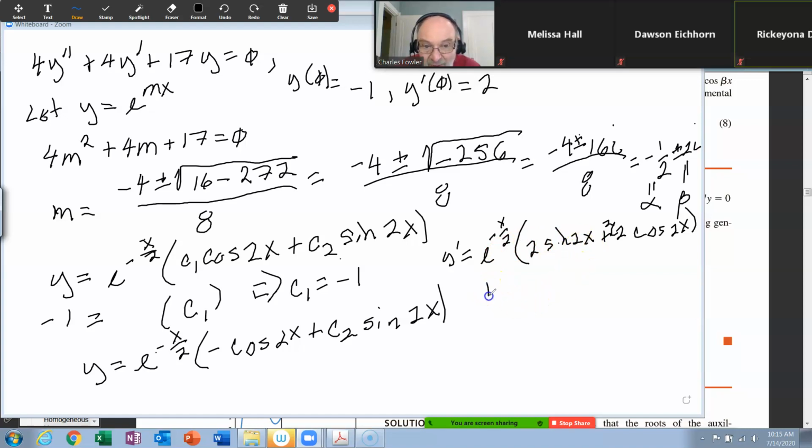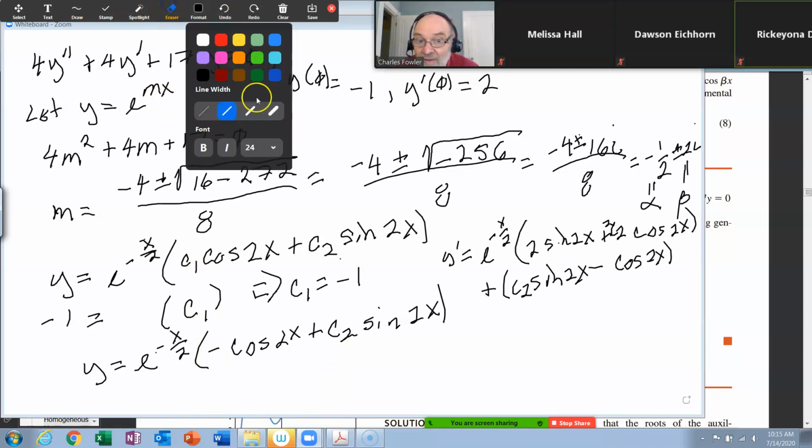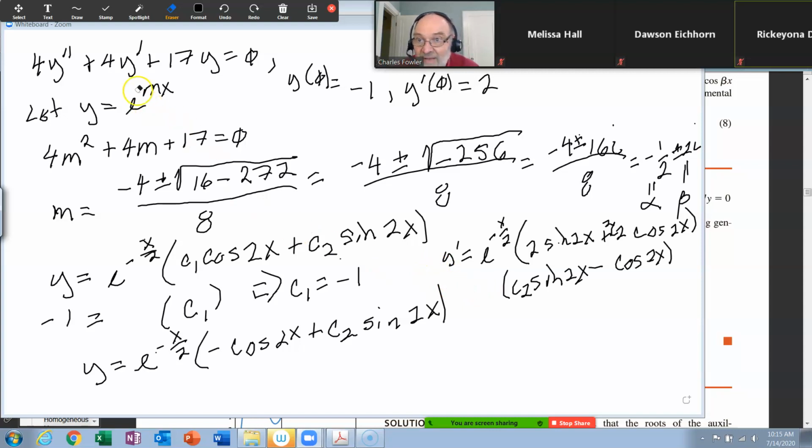We still have to do plus the second, which I'm going to write this way, C2 sine 2x minus cosine 2x, times the derivative of e to the minus x over 2. I'll move that plus sign because it's not going to stay a plus sign.